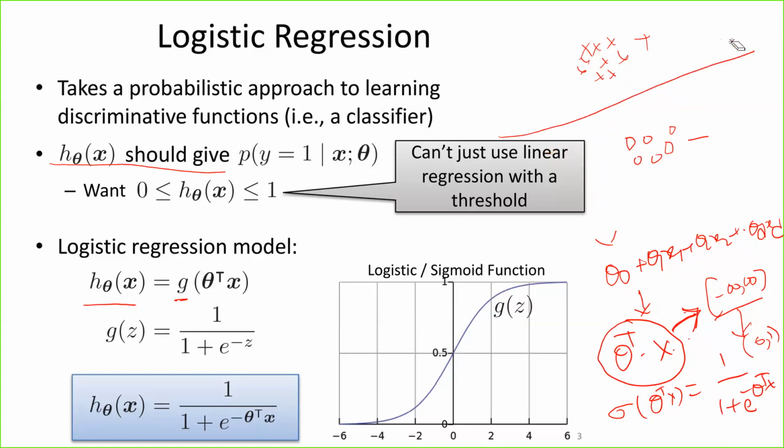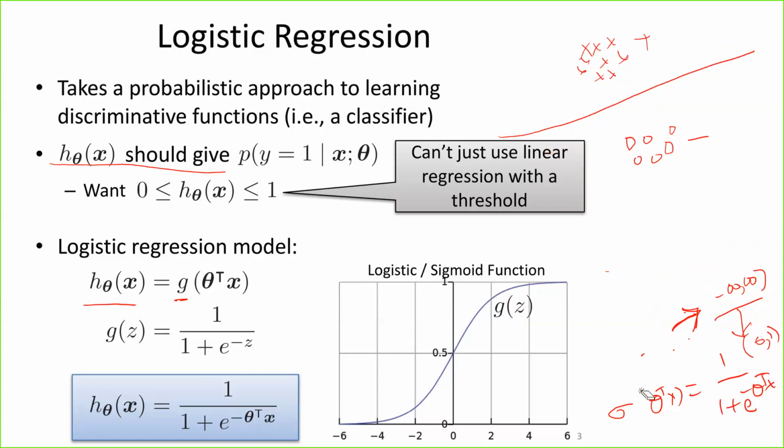Okay, so a question to you now. Suppose there is a new point that you want to classify, and let's say that the point is somewhere here. So can you say that it belongs to either class 1 or class 0, positive class or negative class?